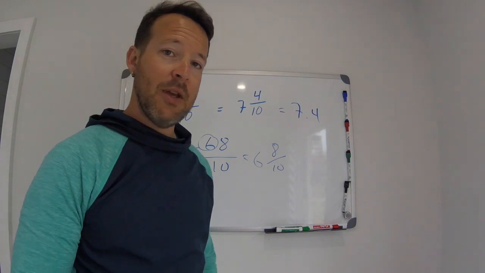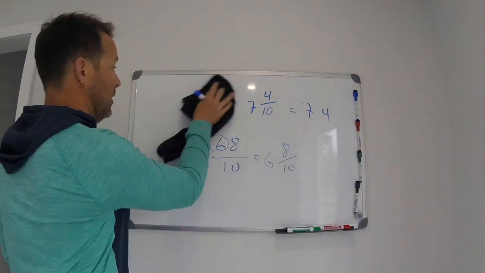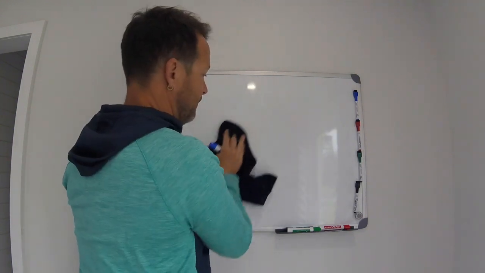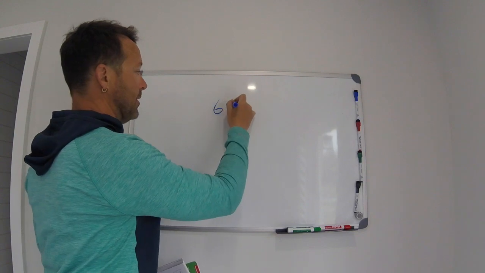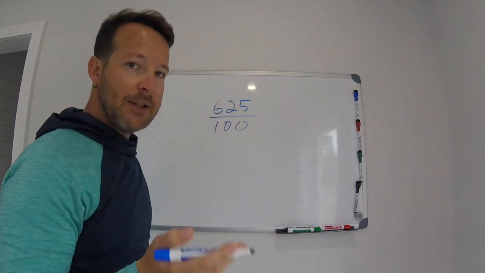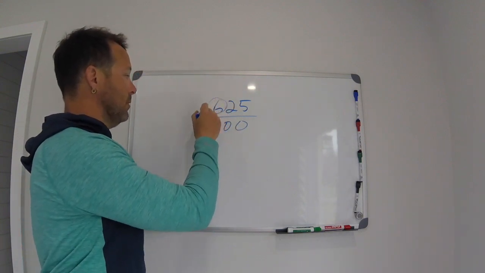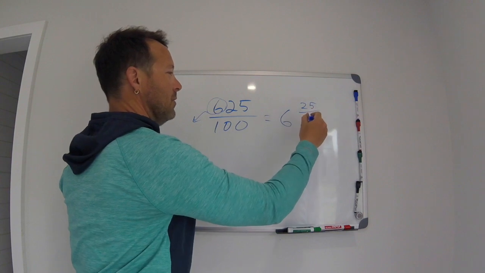Now let's do the same thing with a fraction over 100. So let me erase this. And the example we have in the book is 625 over 100. Okay, same exact principle. Take the 6, move it down here, and you have 6 and 25 over 100.